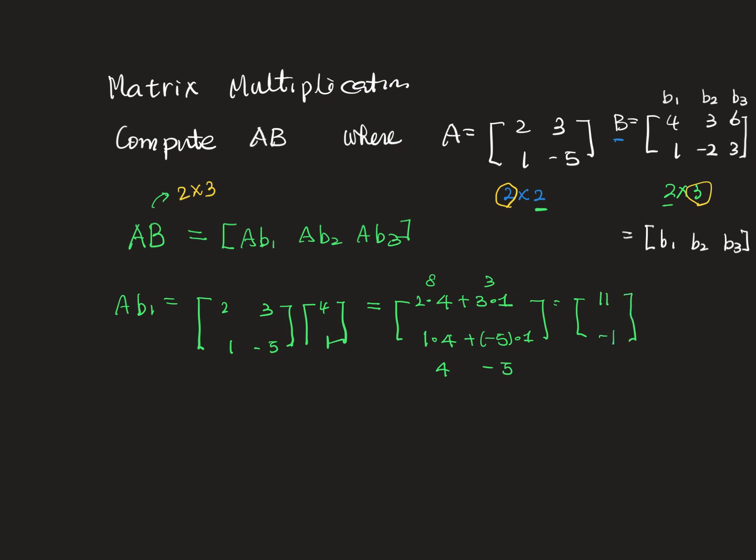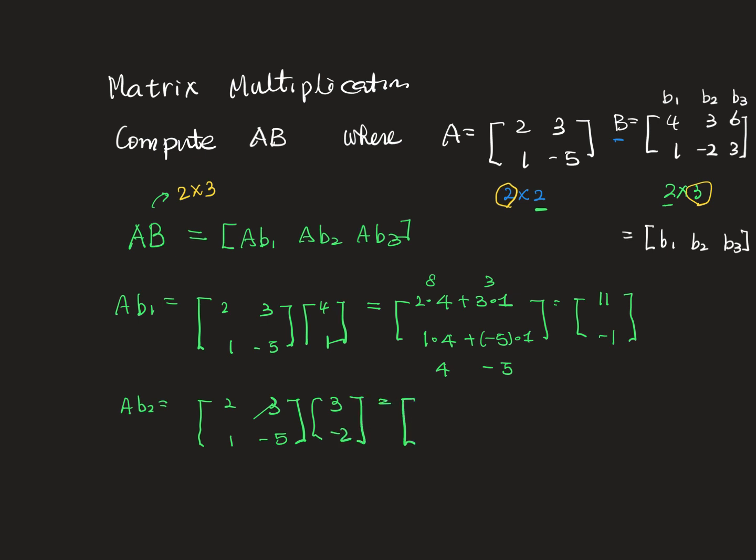Let's do one more, AB2. What is the A matrix? A is 2, 3, 1, negative 5. The column vector B2 is 3 and negative 2.